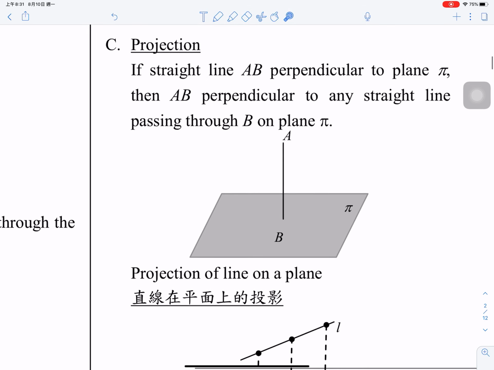The third term, C, projection. Maybe I highlight like this. What is the meaning of projection? Let's say a straight line AB is perpendicular to the plane pi, then AB is perpendicular to any straight line passing through B on the plane pi.